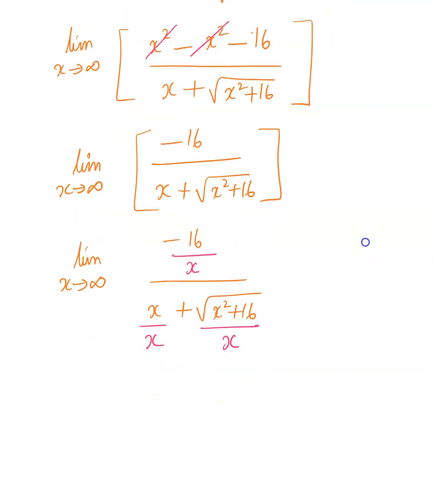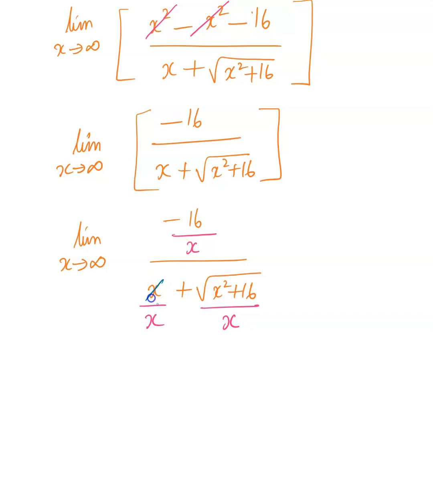Okay. Now the purpose of doing this is, of course, the x's cancel off, and then you get this x on the top, so that when you apply x to infinity for x, that expression becomes 0. But here you have a square root and an x. So think again about how you can algebraically manipulate that.